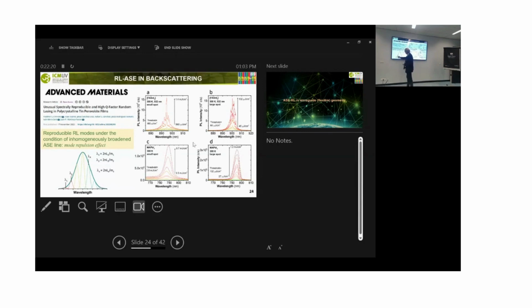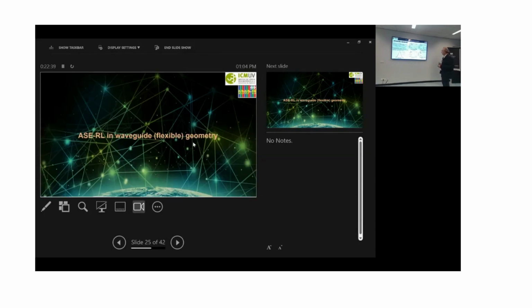In fact, we can have several lasing circuits, but spectrally they don't enter because they are separated in energy. Okay. And then this is the reason why we can observe spectrally reproducible lasing.